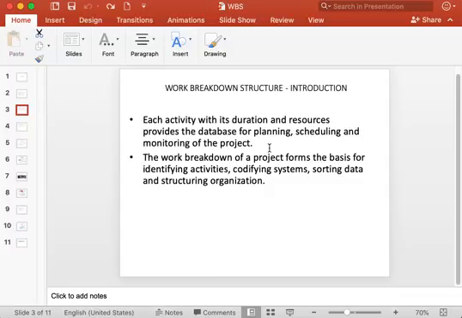The work breakdown of a project forms the basis for identifying activities, codifying systems, sorting data, and also structuring organization, project organization.